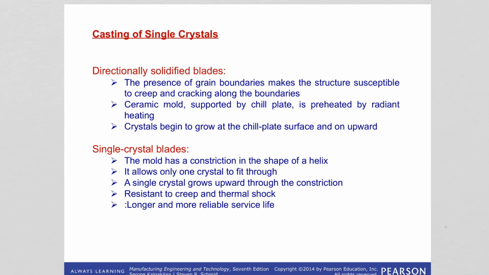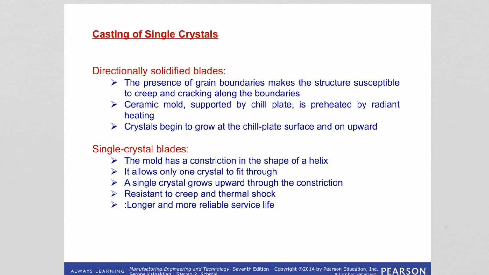Crystals begin to grow at the chill plate surface and move upward, like the columnar grains we learned about. This way the blade is solidified directionally with longitudinal but no transverse grain boundaries, which makes the blade stronger in the direction of the centrifugal forces developed during its operation in gas turbines.